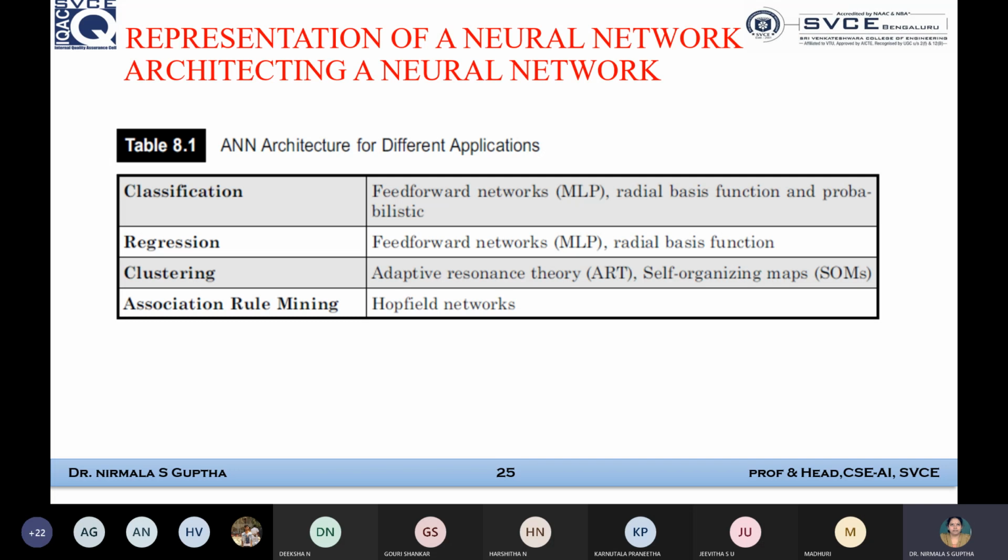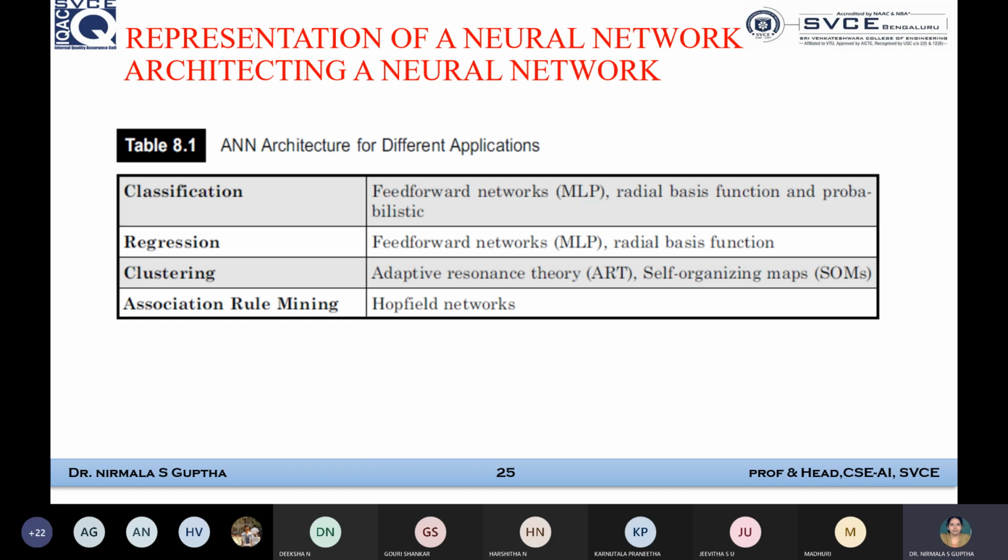So if it is a single layer, a single neuron, feed forward is fine for us. But when we're talking about the design principle, since it is a multi-layered model, we will have multiple layers of neurons, and it can process either sequentially or in parallel. So there are multiple layers of processing elements.